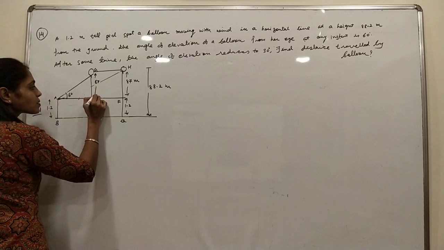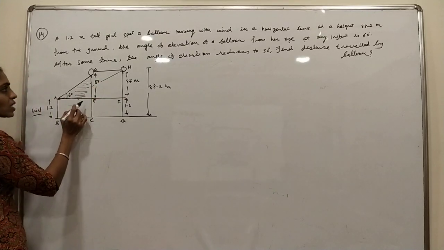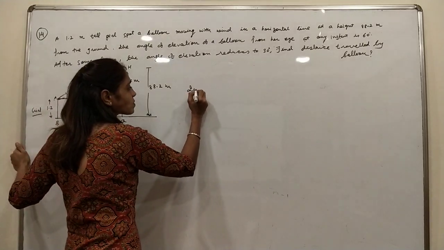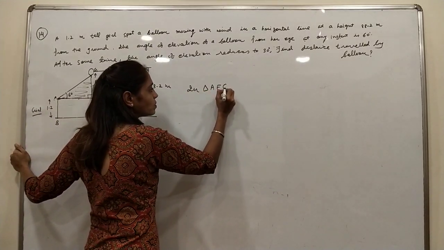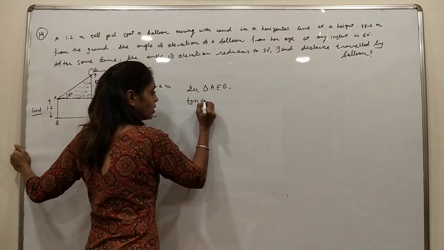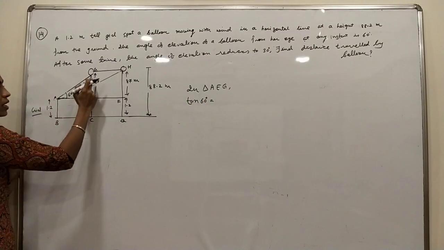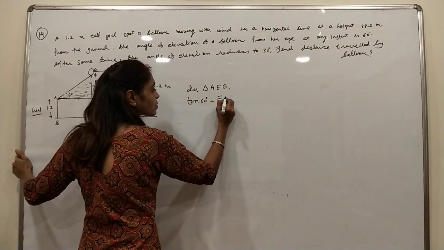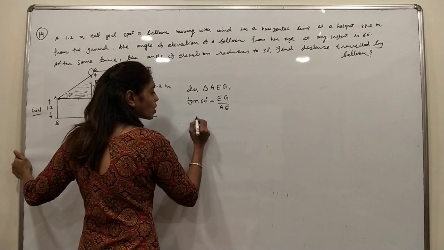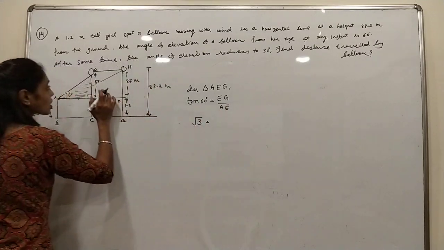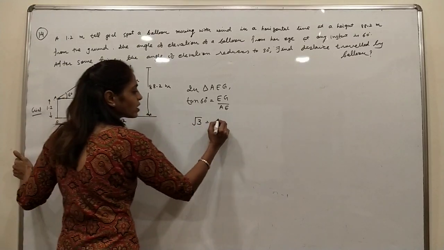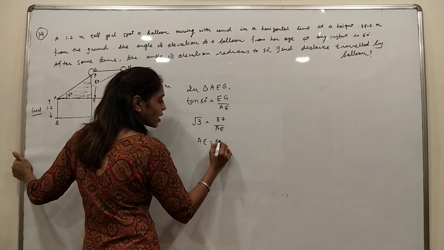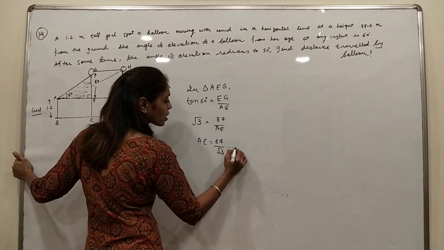In triangle AEG, tan 60 degree is EG upon AE, which is √3. EG is 87 upon AE. Hence AE is 87 upon √3. Number 1.